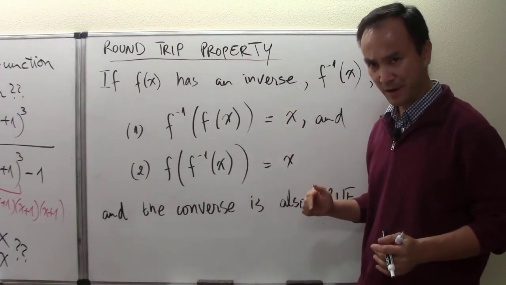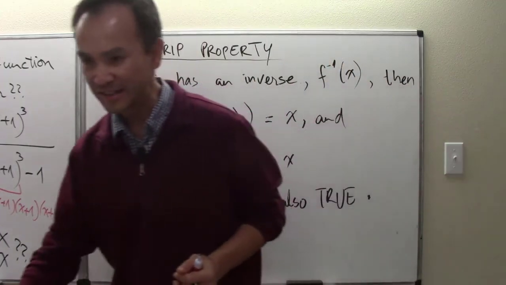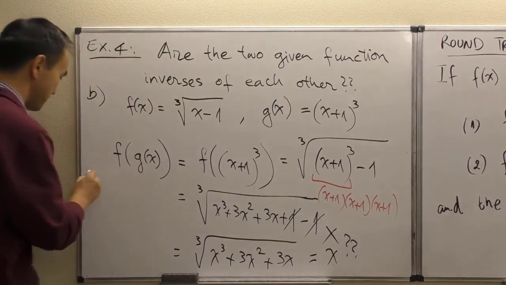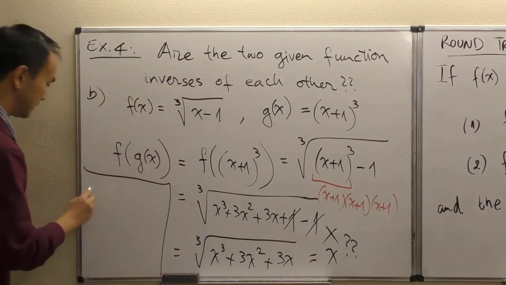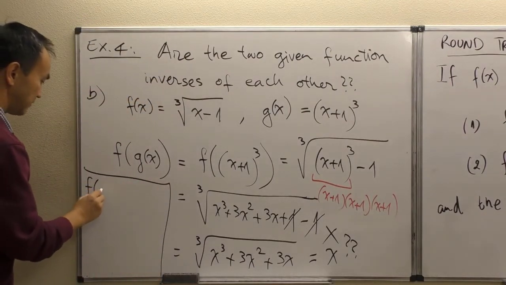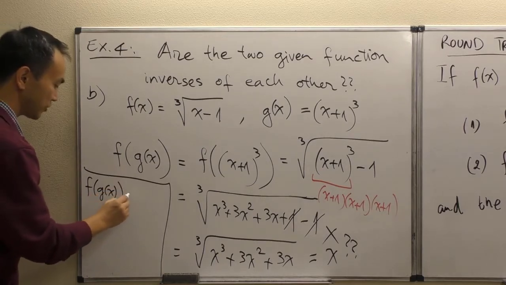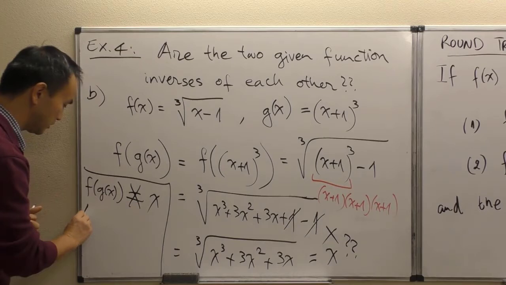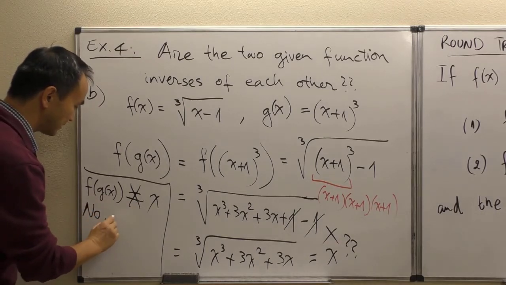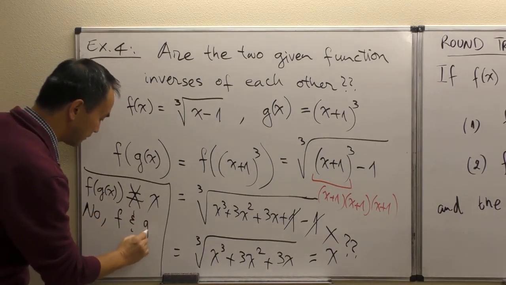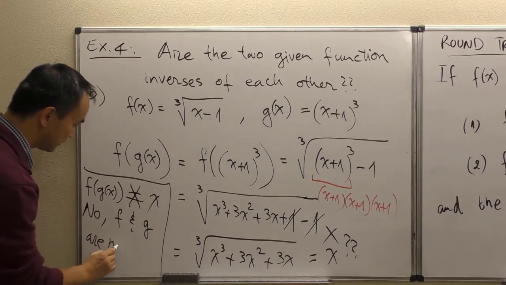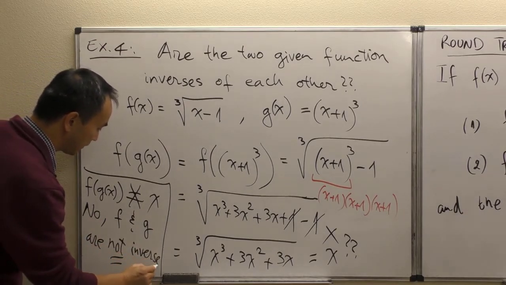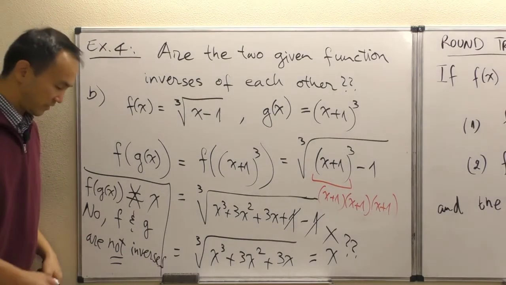So I don't need to proceed any further. I can just conclude that f of g of x is not equal to x. So nope, f and g are not inverses. They are not inverses of each other.